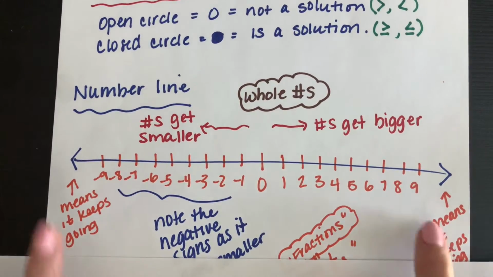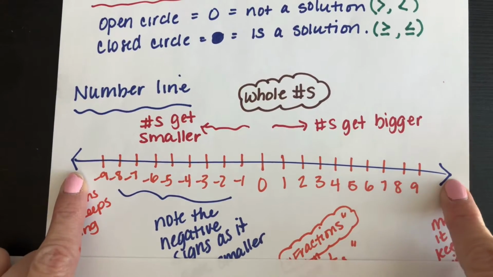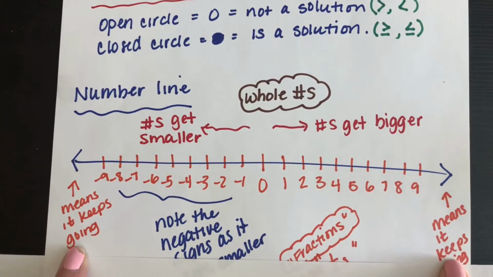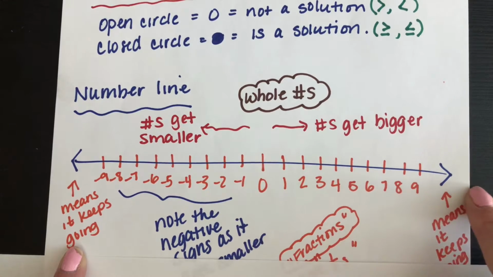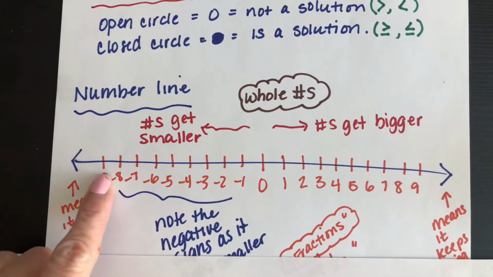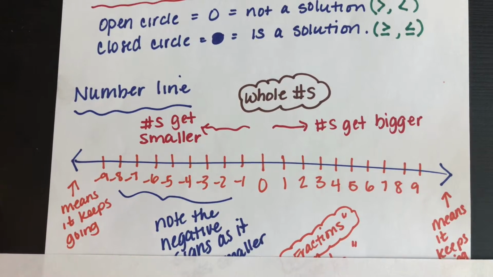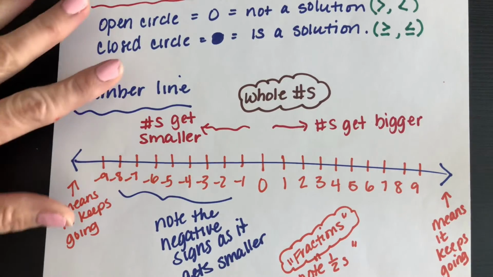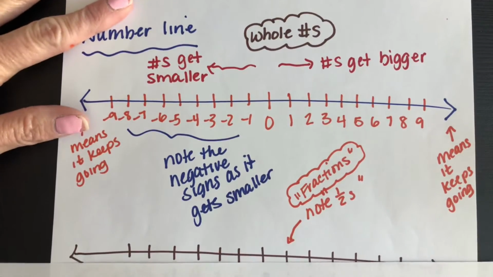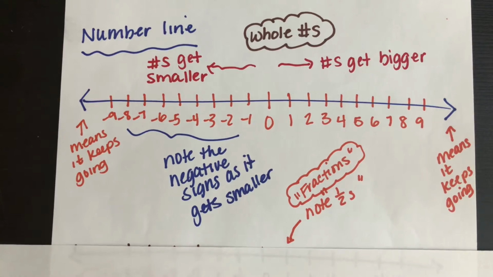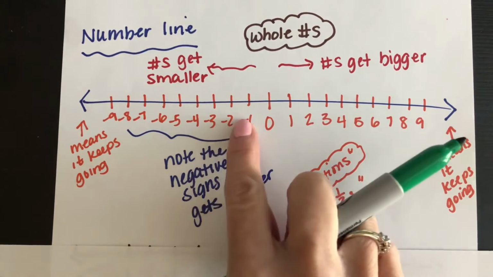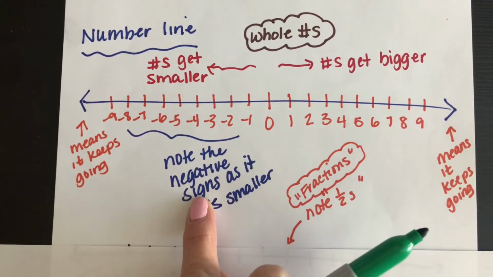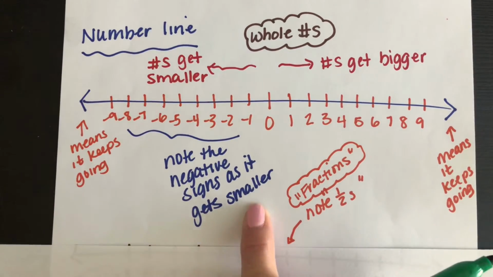Please note that the arrows on each side mean that the number line keeps going. This side keeps going 10, 11, 12, and so on, and this side -10, -11, -12, and so on. Pause at any time to keep up. But again, note that as you're going to the left, with the negative signs, it gets smaller.